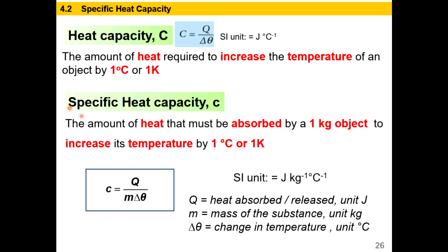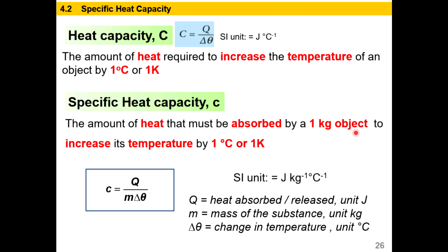Actually, the word specific here means per mass or per kilogram. So specific heat capacity is just the heat capacity divided by mass. This is heat capacity, Q over the change in temperature, and then divided by m. So remember, when you define specific heat capacity, you must have the words 1 kilogram.